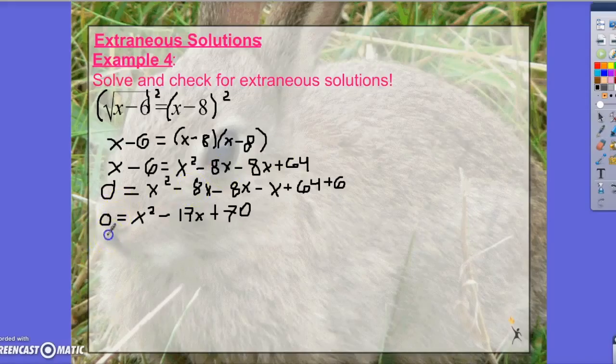We're going to actually have to factor it. So you go back to factoring. We get signs are the same, they're both negative. We want 10 and 7 to get 70. Seven times 10 is 70, negative 10 minus 7 is negative 17. So I have two answers for this. I get what? 10 and 7.